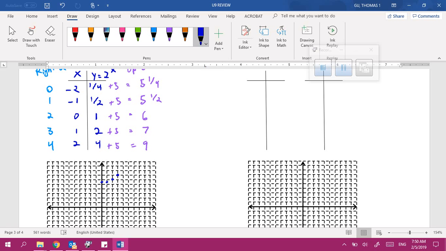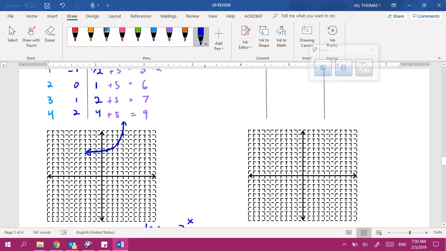And 4, 9. Wait, what? 1, 2, 3, 4, 5, 6, 7. Okay, like this. All right, so if you connect it, it would look like this. A little hard to see because this graph is very strong looking.